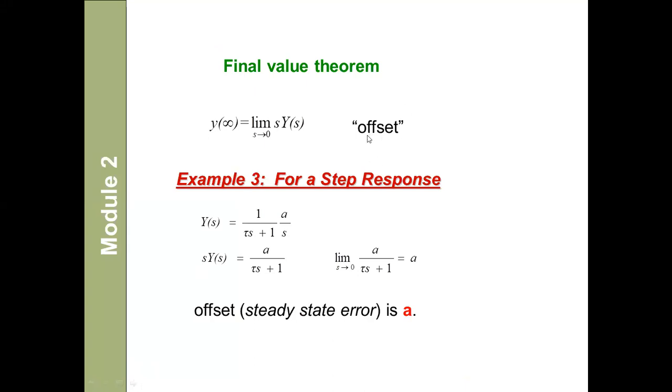This means, class, that whenever a problem is asking you to determine the offset, it's just like asking for the final value of the function. So just get the final value using the final value theorem as written here.